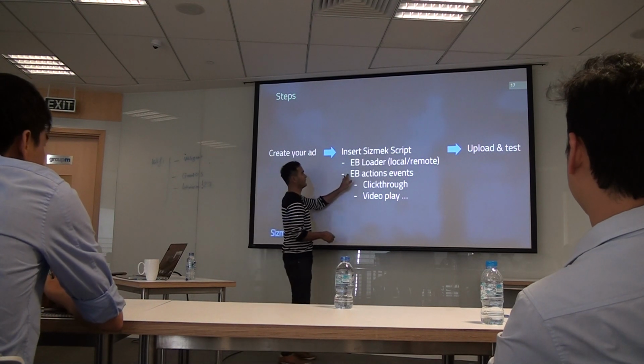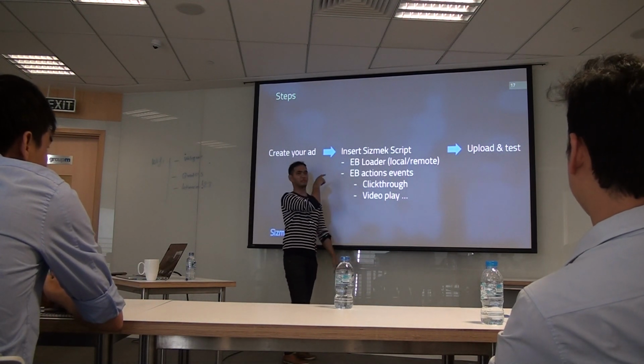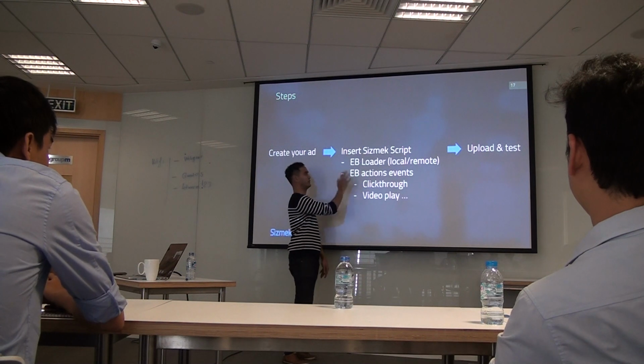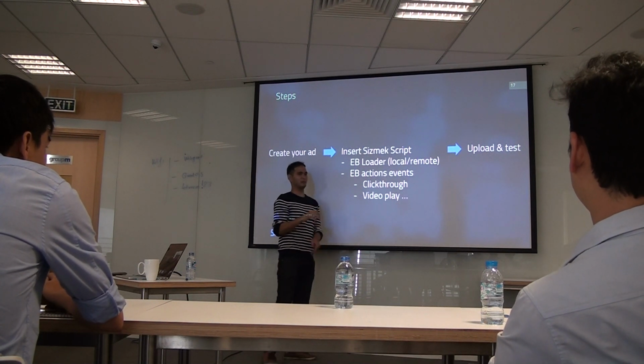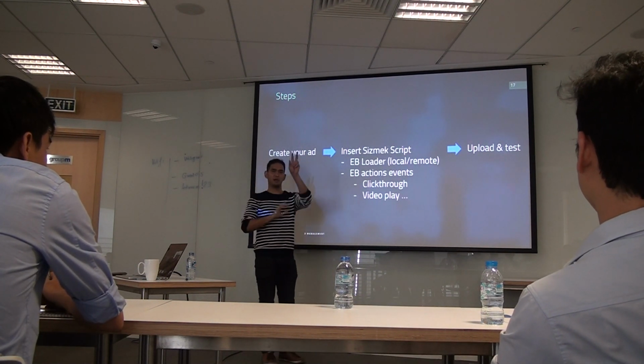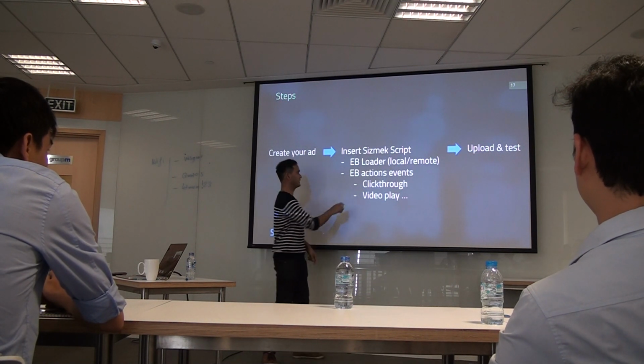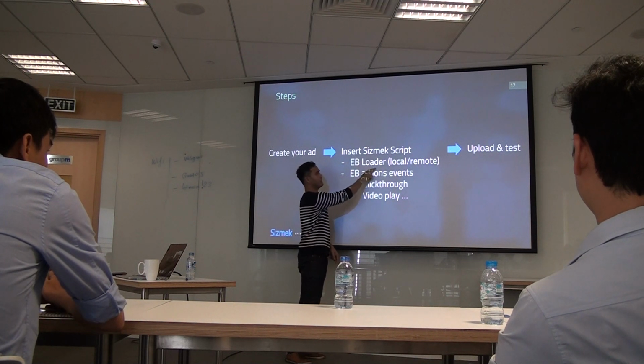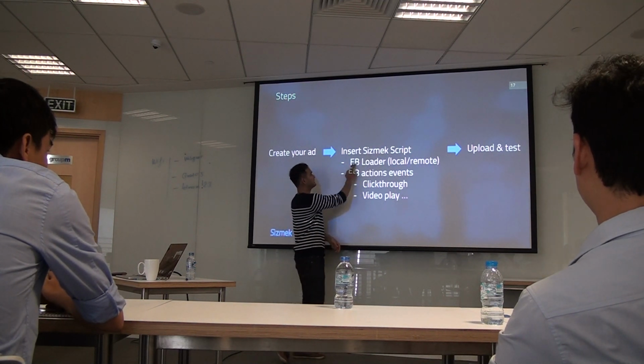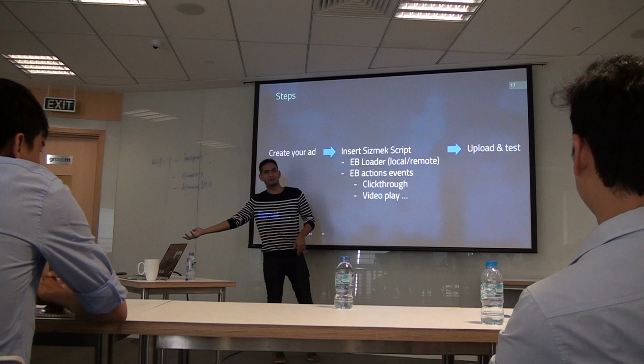Second step, you need to insert the Seismic script into your code. There will majorly be two portions of your code that you need to insert. First, you have to include our EB loader.